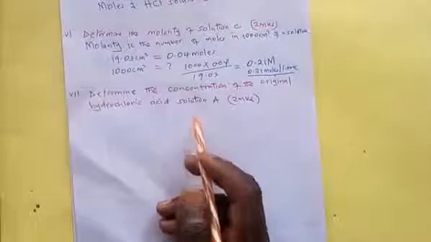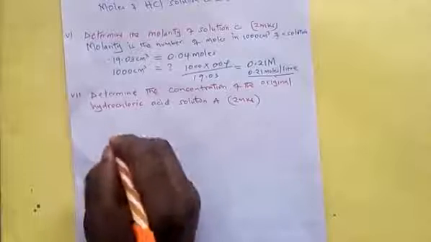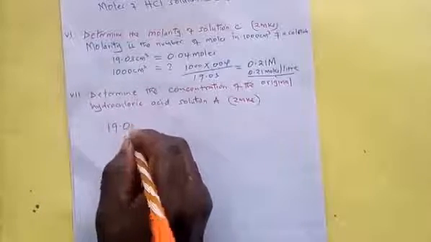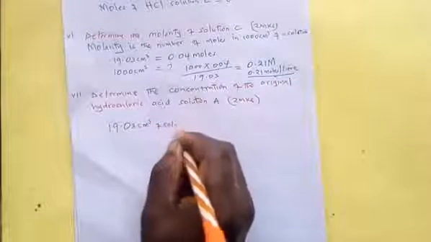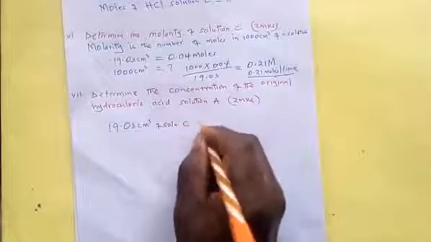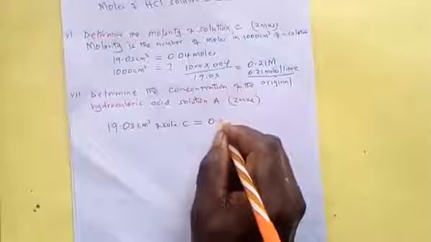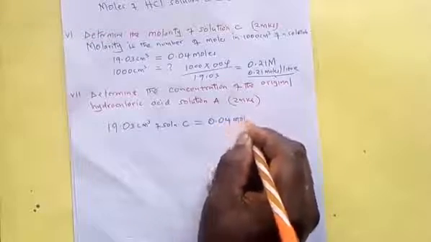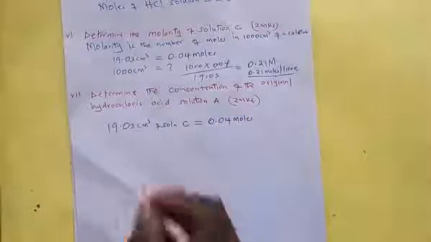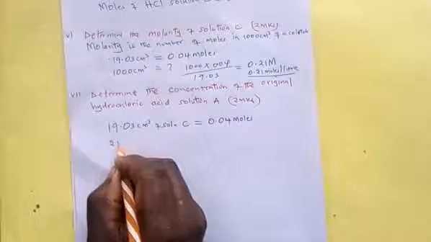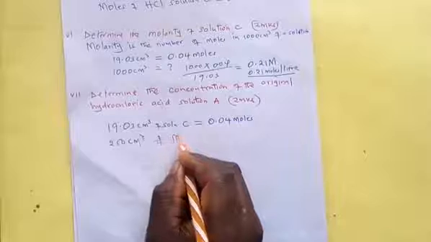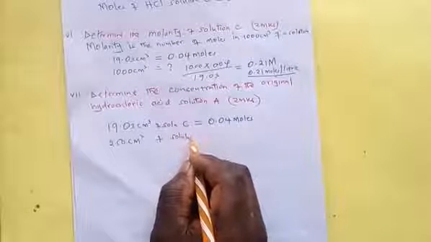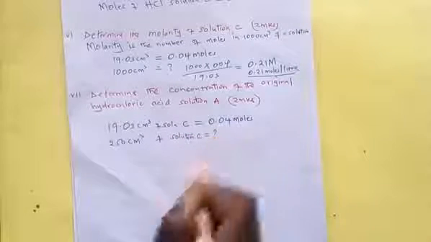So I can say 19.03 centimeters cube of solution C equal to 0.04 moles. That one I know for sure. Now I will ask, what will be 250 centimeters cube of solution C have? I want that.